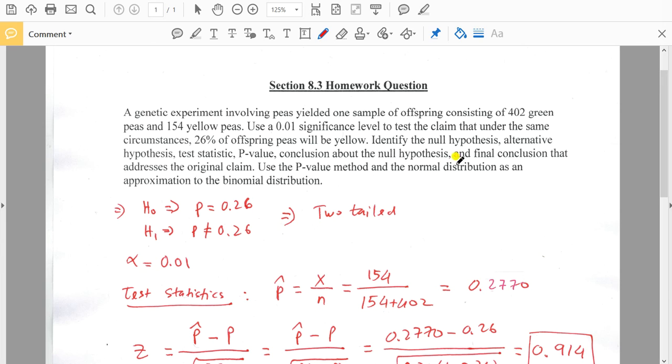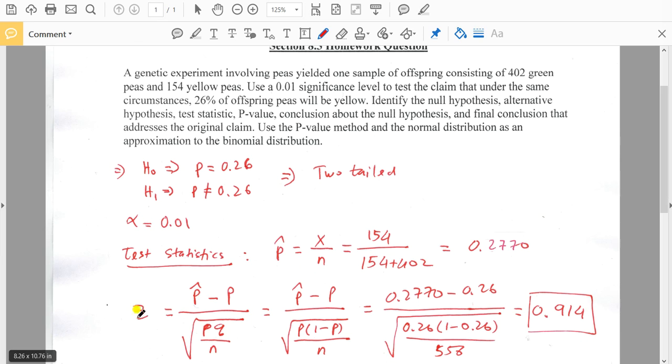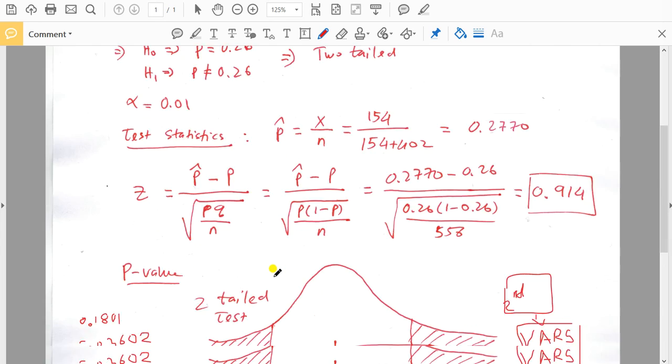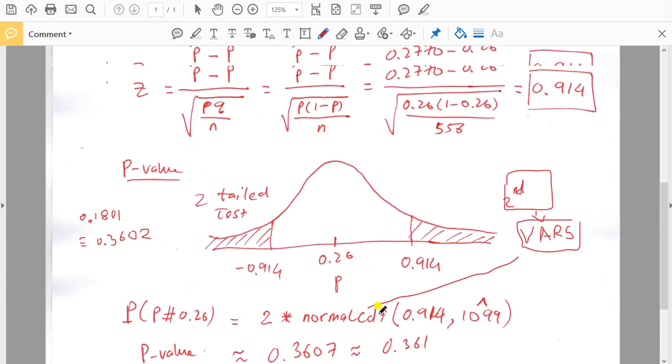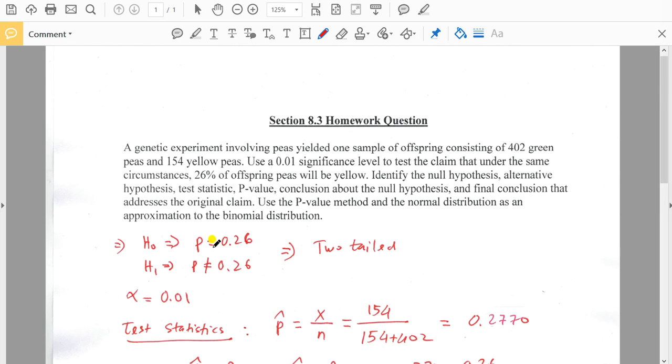So in general, we found the null hypothesis here, the alternative hypothesis, the test statistic, which is the z-score here, and then the p-value. However, if you got something less than 0.01, then the p-value is less than the significance level, so we reject the null hypothesis, or we say that there is sufficient evidence to conclude that this is not true, right?